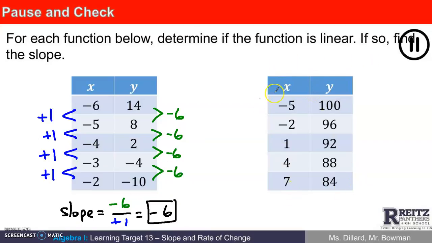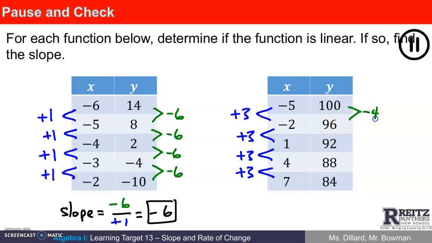For this function, I think my delta x is, let's see, plus 3 again. Negative 2 plus 3 is 1. 1 plus 3 is 4. 4 plus 3 is 7. I think the rule here is subtract 4. 100 minus 4 is 96. 96 minus 4 is 92. 92 minus 4 is 88. 88 minus 4 is 84.